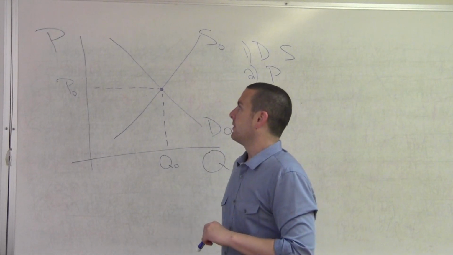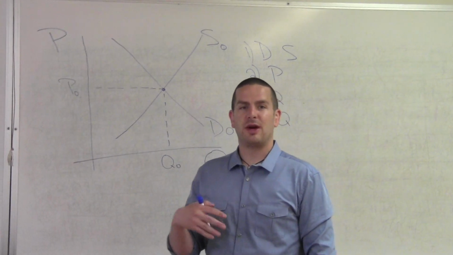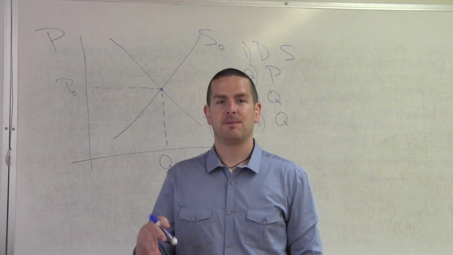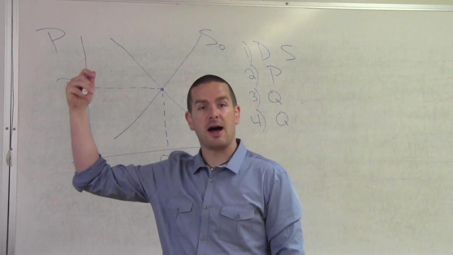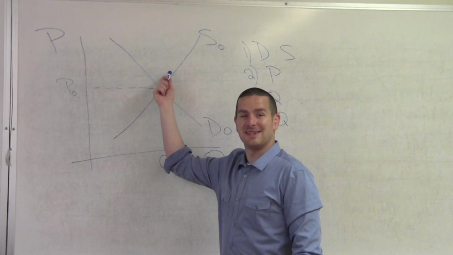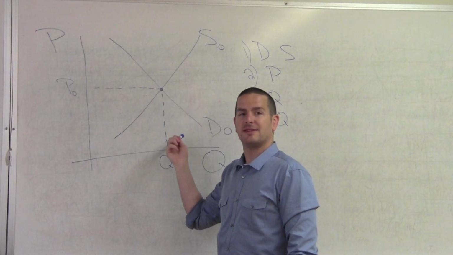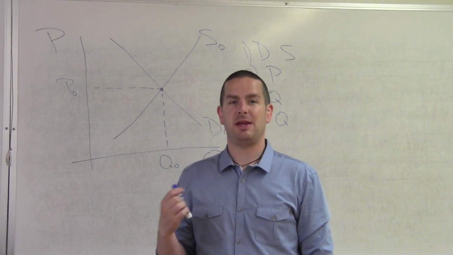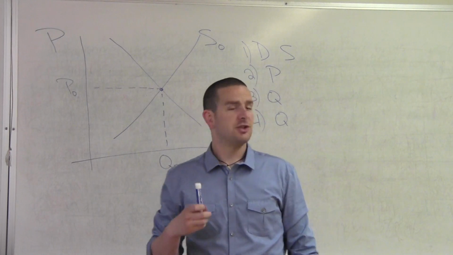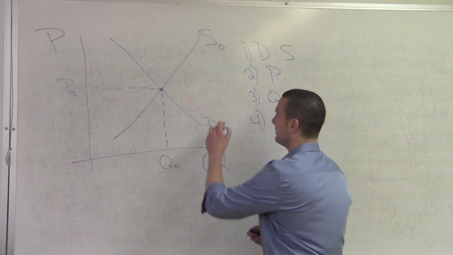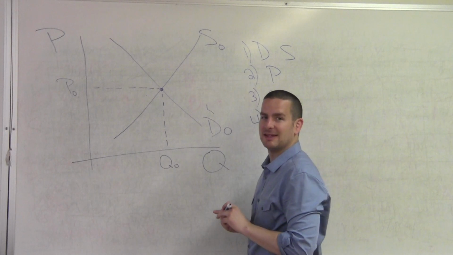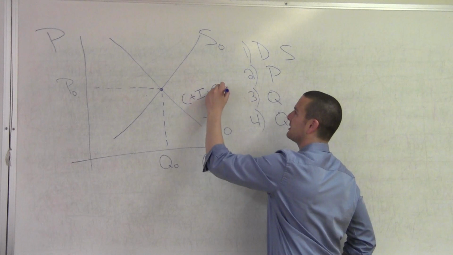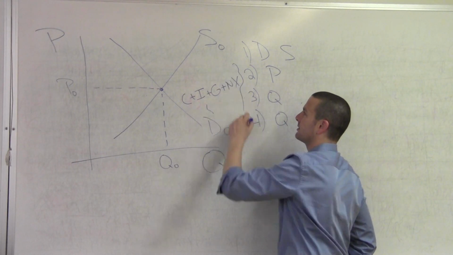Okay? An easy way to figure out whether a certain scenario or policy is going to impact supply or demand, the easiest way to do that is to think of supply as businesses and demand as the expenditure approach to GDP. Okay? So, you can think of demand as C plus I plus G plus net exports.